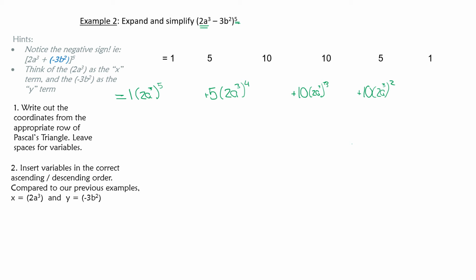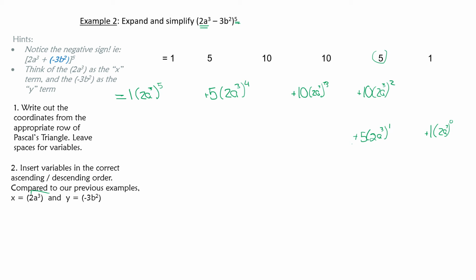So I'm taking this 5 and moving it down here. This 5 is this 5. 2a cubed, now we're at a power of 1. And finally we've got a coefficient of 1, and that's 2a cubed to the power of 0. All right, so that is the first part here.